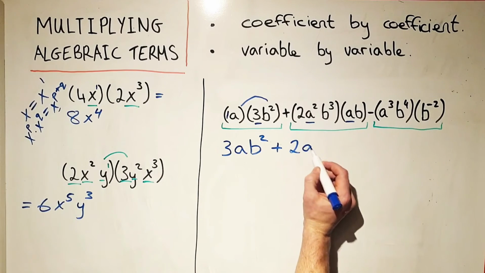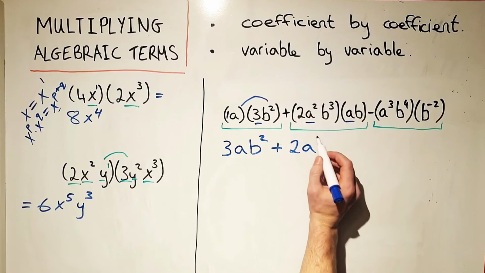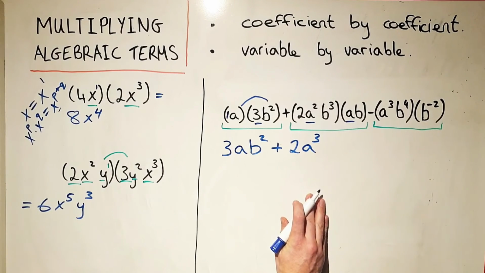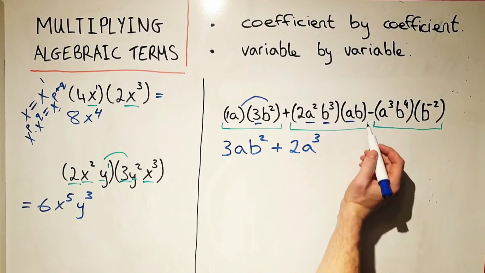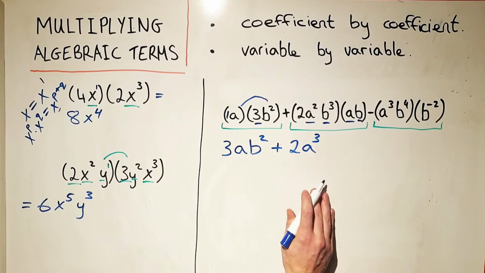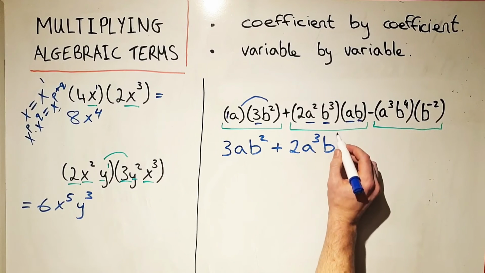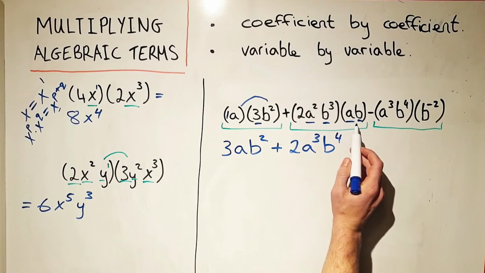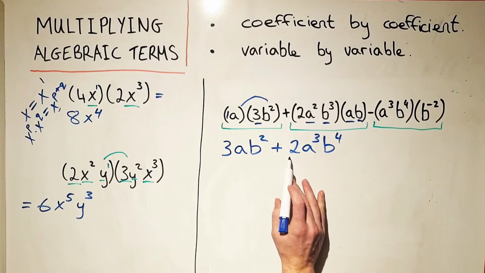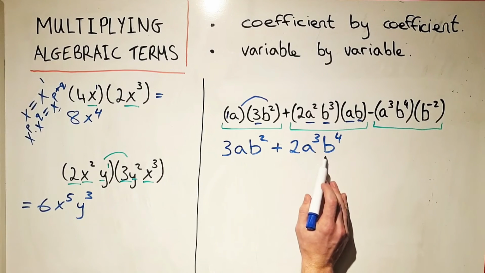So that's going to be a to the 2 plus 1, which is 3. Second variable, b cubed there and a b there. That's going to be b to the 3 plus 1, which is 4. So this expression, when multiplied out, equals 2a cubed b to the 4.